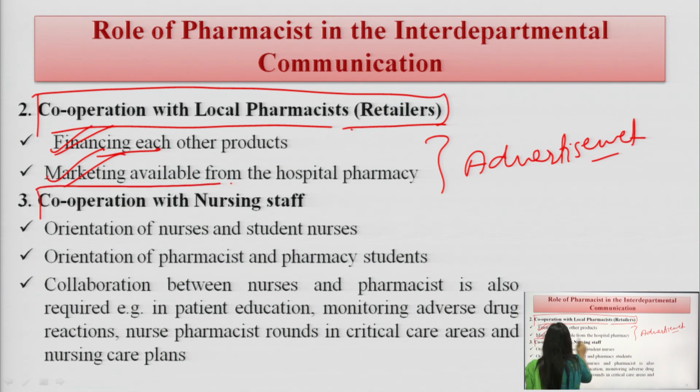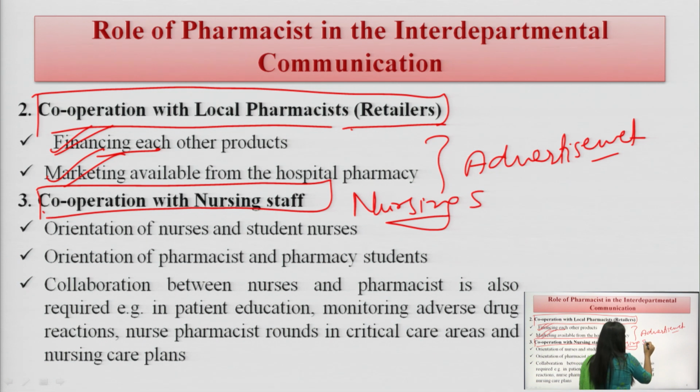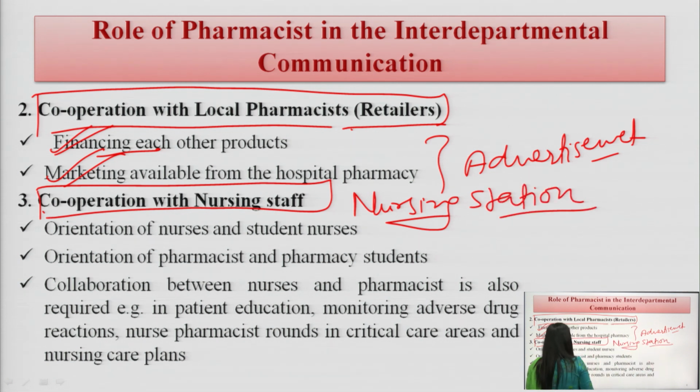Another is the cooperation with the nursing staff. As we have discussed, they have cooperation with the research team and with the retailers. Similarly, they have cooperation with the nursing staff, especially at the nursing stations in the hospitals. What they are doing is orienting. The first point is giving training, as this is a part of education and training.